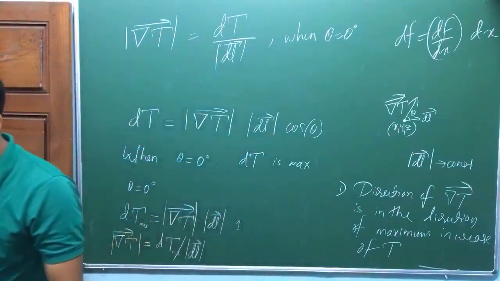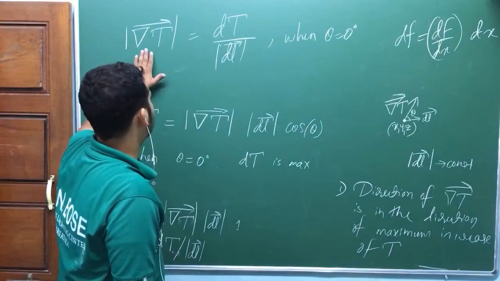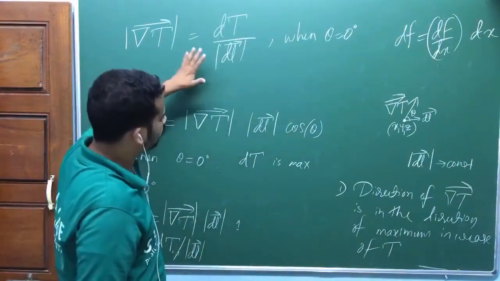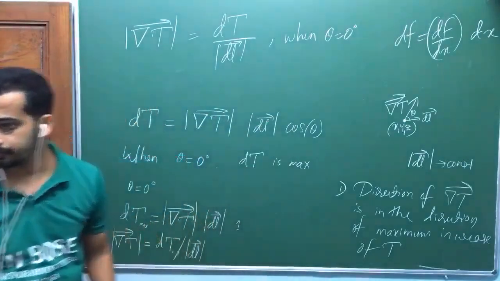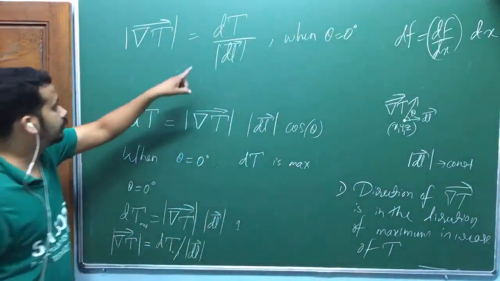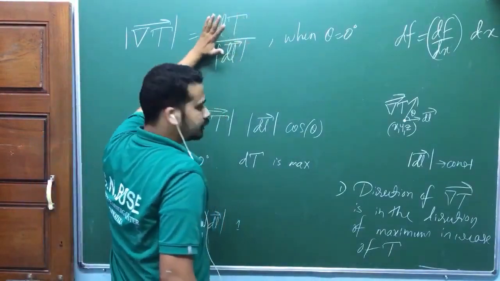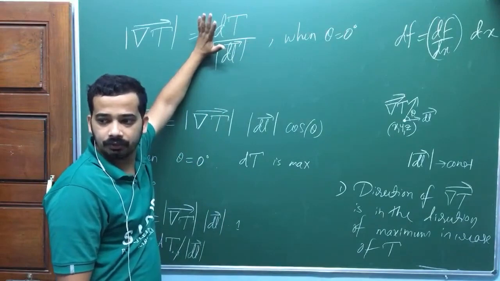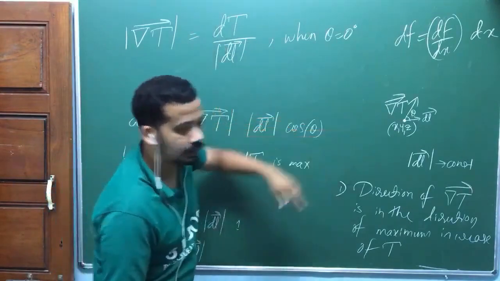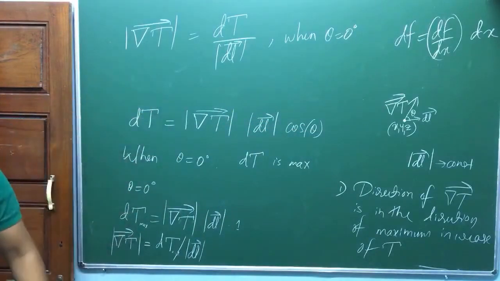Again, if you take one point in space, that's constant. This is similar to your slope actually. This is a slope in some particular direction. What is the direction? Direction is del T only.